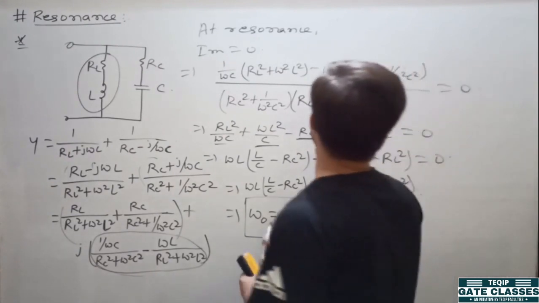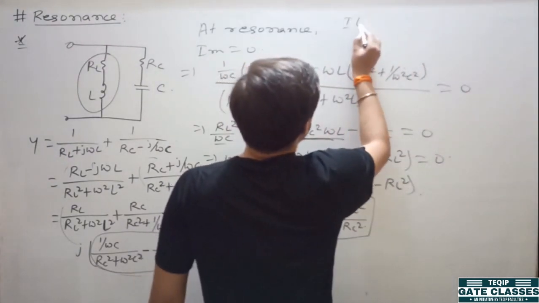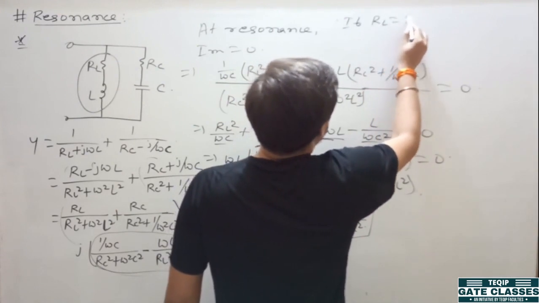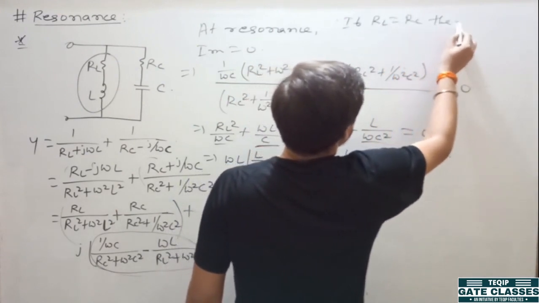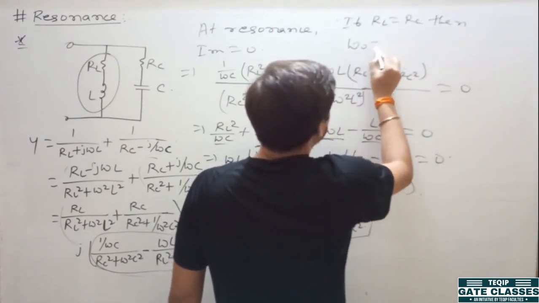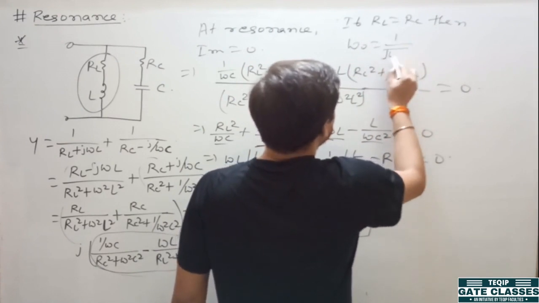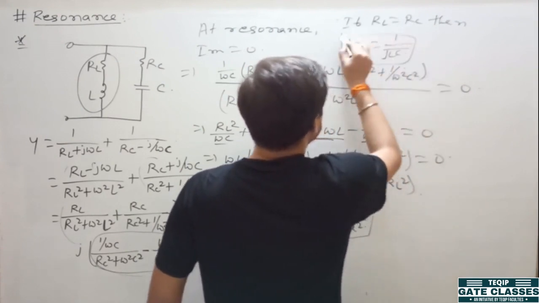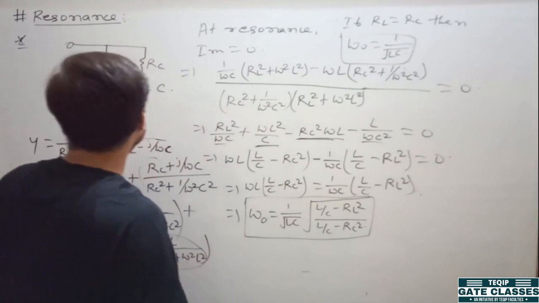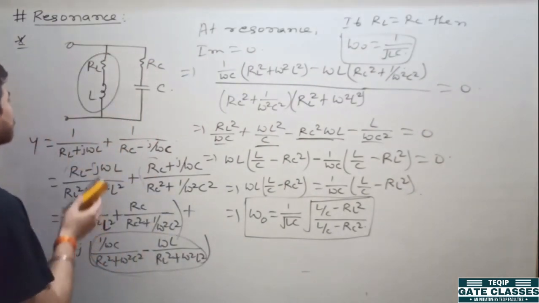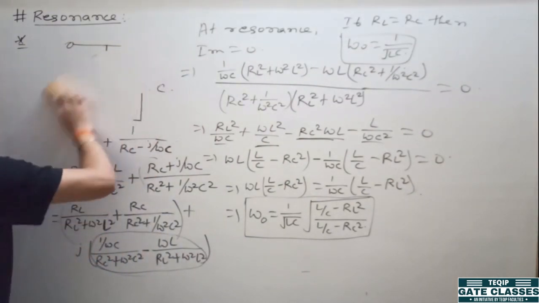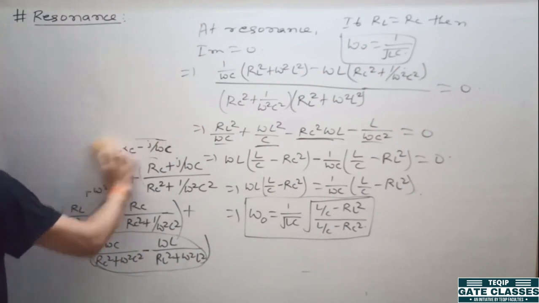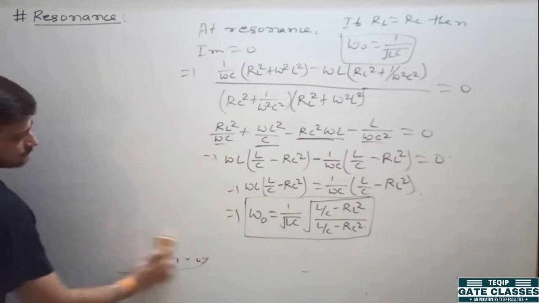So if R_L is equal to R_C, then omega naught will be equal to 1 upon under root LC. So this is about the condition of resonance and the expression of resonant frequency in this circuit.